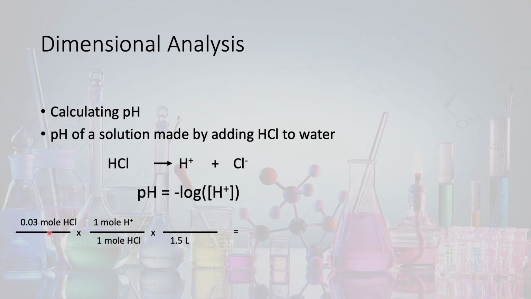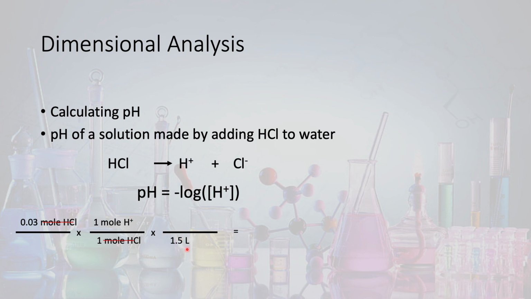If we add 0.03 moles of hydrochloric acid to a solution, we know through the stoichiometric balanced chemical reaction here that 1 mole of hydrochloric acid will dissolve completely into 1 mole of hydrogen ions. When we place this into our dimensional analysis, moles hydrochloric acid cancel, and we are left with moles hydrogen ion.